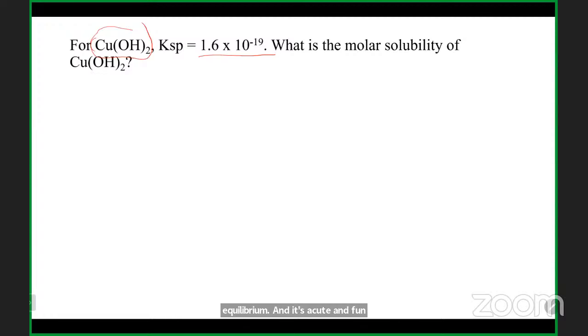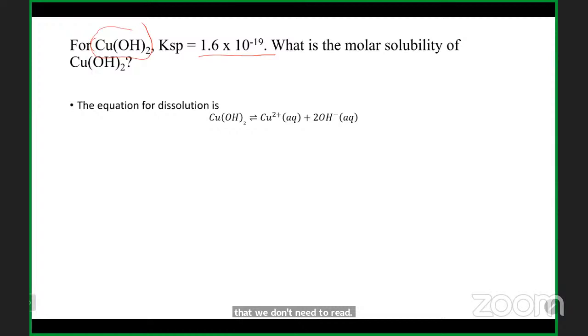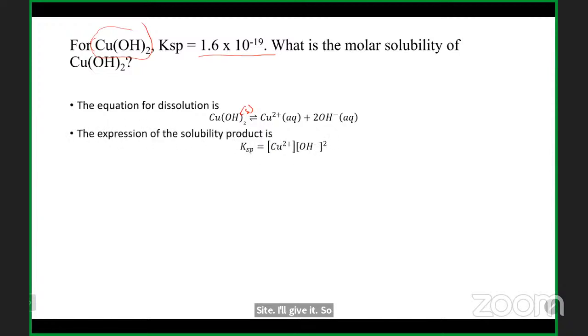I'm following the steps on the slide that I just went by. CuOH dissociates, solid, as given. So the equilibrium solubility product is also as given.